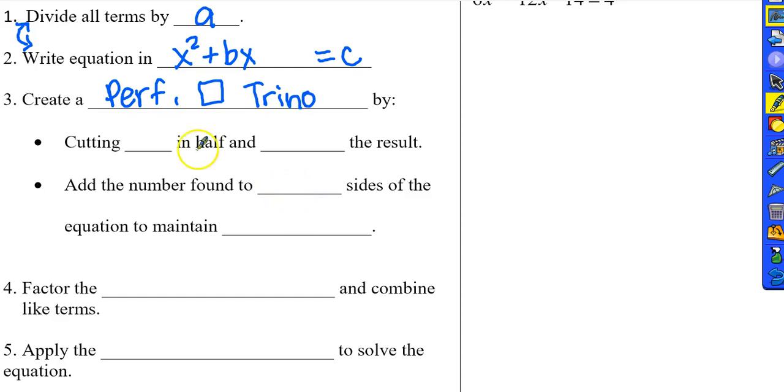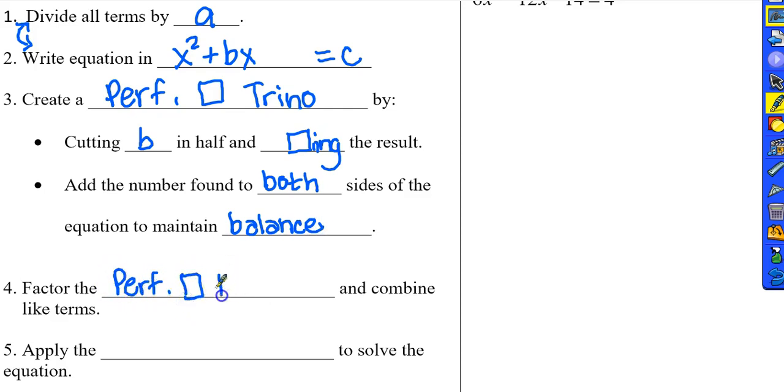This looks familiar, right? By cutting b in half and squaring the result. Then we add the number to both sides of the equation to maintain balance. After we do that, we factor the perfect square trinomial and combine like terms.